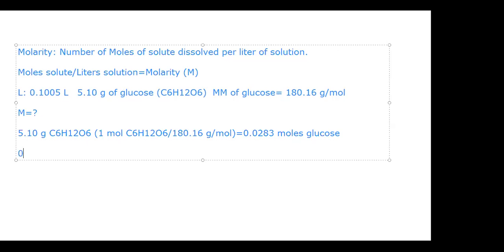So we're going to have 0.0283 moles, you can actually put that as mole, divided by 0.1005 liters, okay? And what that will leave me with is a 0.282 molar solution. Okay, my molarity is 0.282 because all I did was divide this by this.